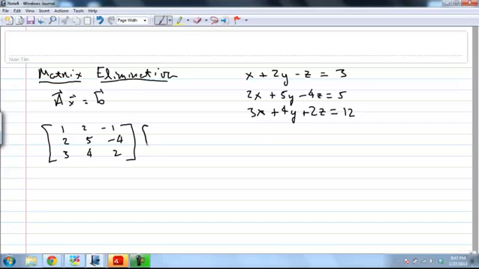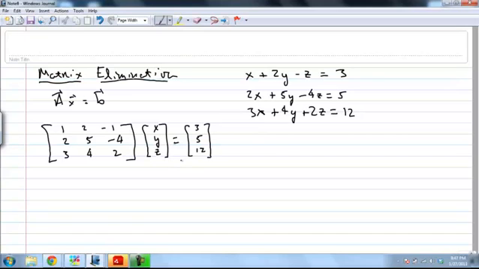This matrix will multiply a column vector that contains the unknowns. On the right-hand side, we'll have another column vector that contains the elements from the right-hand side of the system. These two representations mean exactly the same thing.